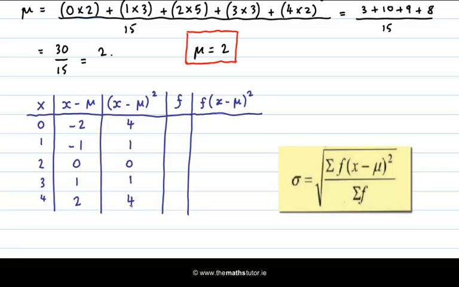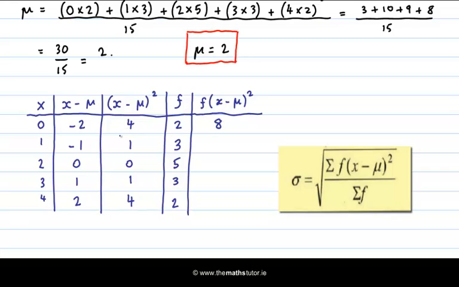And these squared deviations will have a multiple of each. 0 occurs twice, 1 occurred 3 times, 2 occurred 5 times, 3 occurred 3 times, and 4 occurred twice. Those are our frequencies. Now we simply multiply our frequencies by our squared deviations.